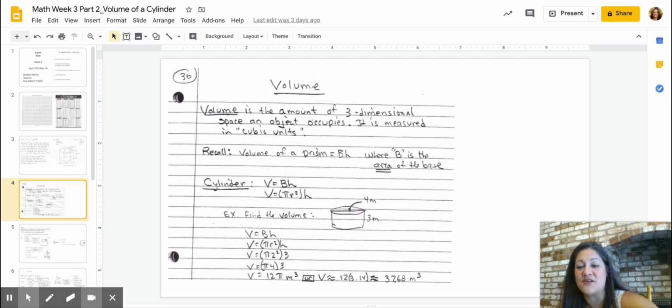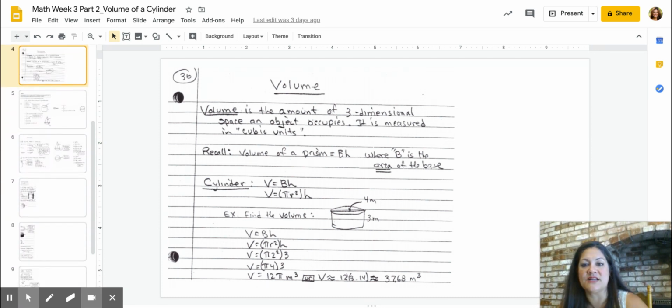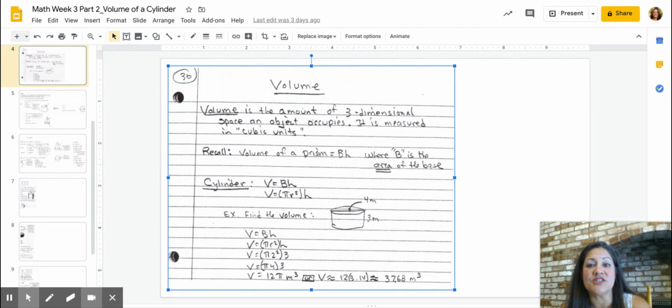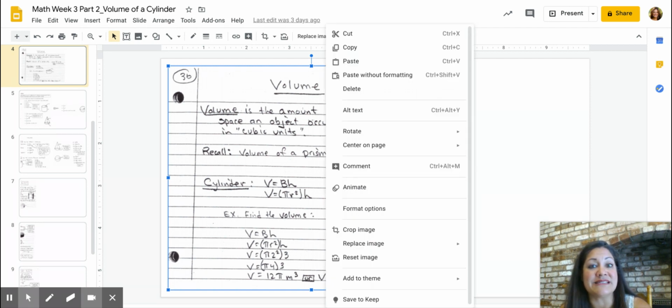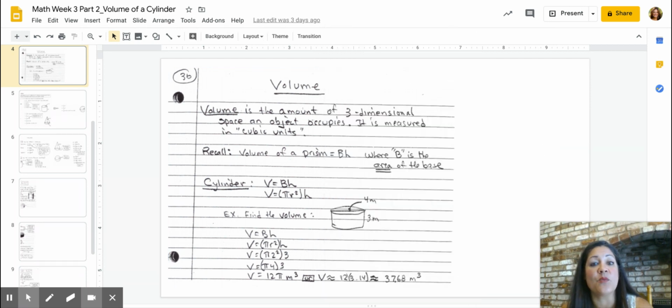That brings us to our notes. They're pretty short. Volume is the amount of three-dimensional space an object occupies. It is measured in cubic units. So that cubic lets you know that your label will have that little 3 up in the air. Okay, so I want you to recall the volume of a prism is base times height, where B is the area of the base.